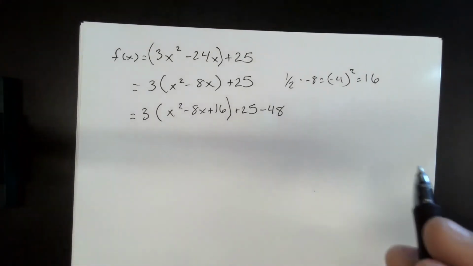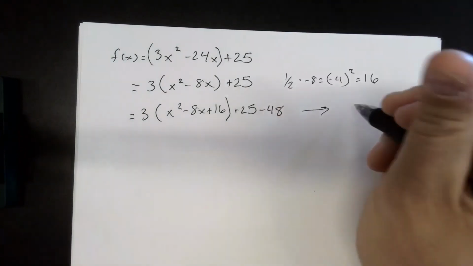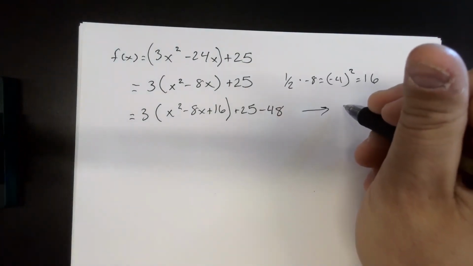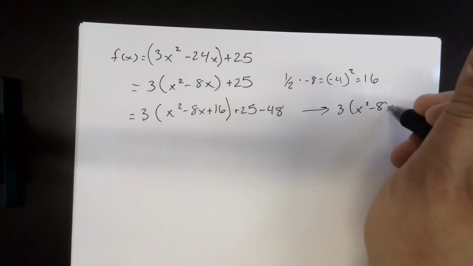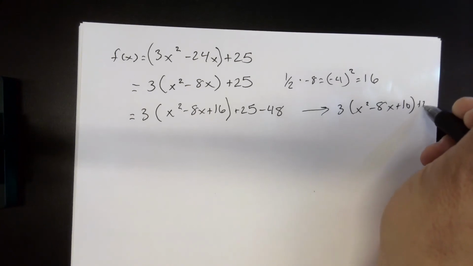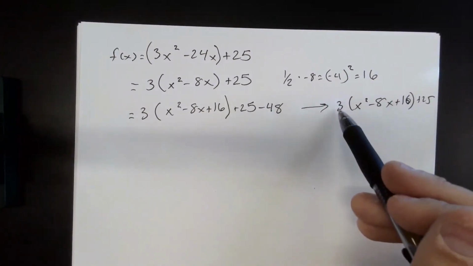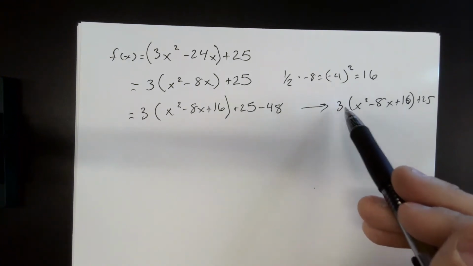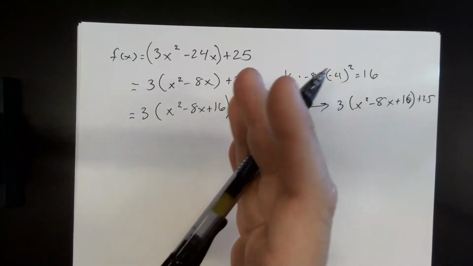So look right here. I'm going to take a break right here. Ready? So when we had this, wouldn't it be a positive 48? Or it would be, but I'm going to show you why it's a negative right now. The reason why is because when you added 16, technically that's not 16 because there's a 3 out here, so it's 48. But you remember, complete the square said we're going to add it to both sides.